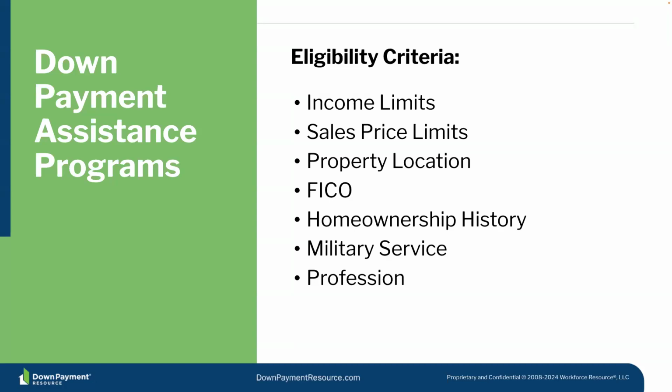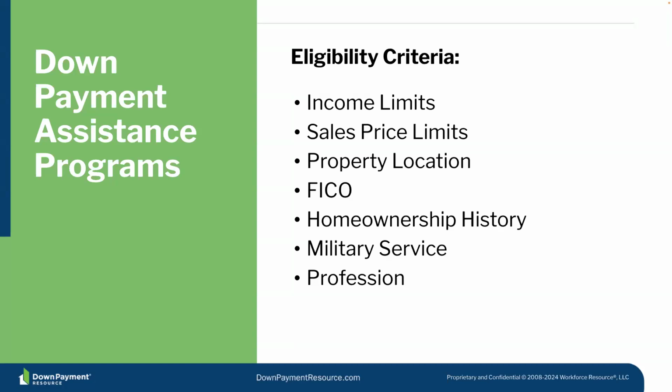Now, some programs have more needs-based eligibility criteria that involve an evaluation of each buyer's scenario and assistance needs by the program administrator. Most programs will mirror first mortgage requirements, as an example, requiring a FICO score of 620 or higher. Homeownership history also makes a big difference.